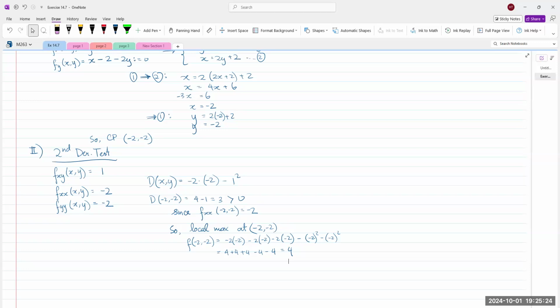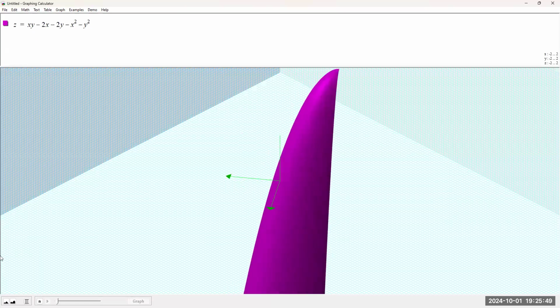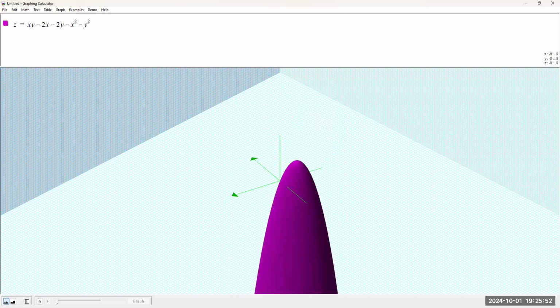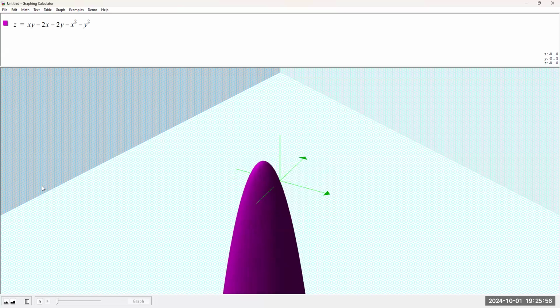So I will use my graphing software to graph that. z equals xy minus 2x minus 2y minus x squared minus y squared. Yeah, that's what it looks like.